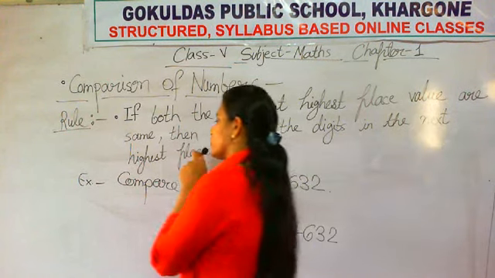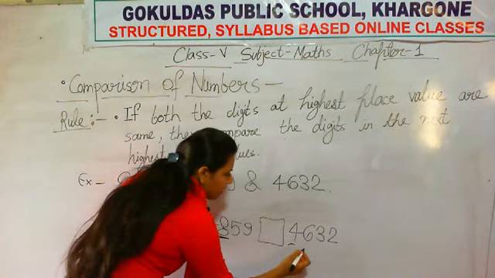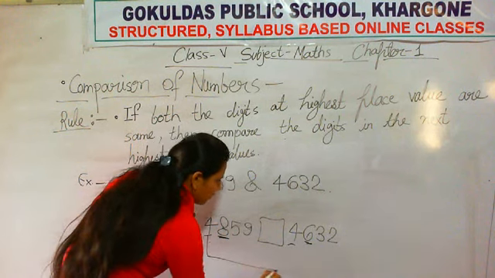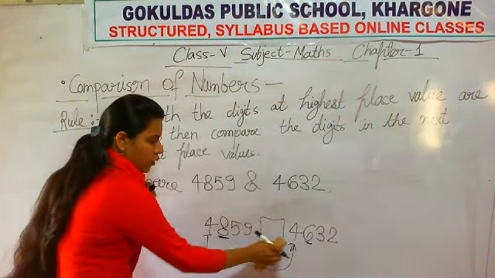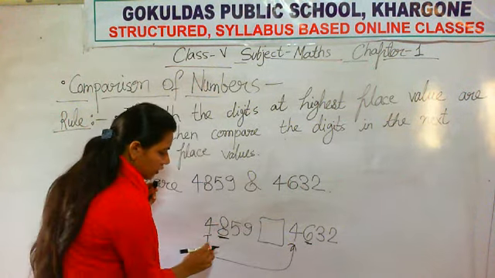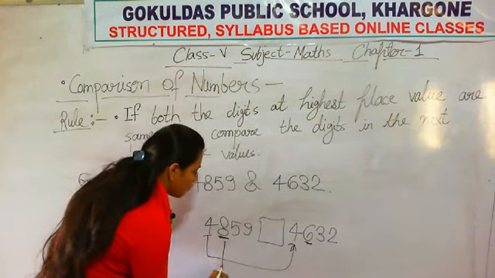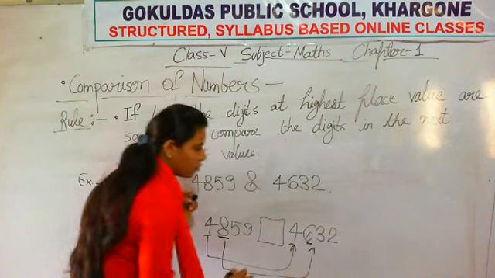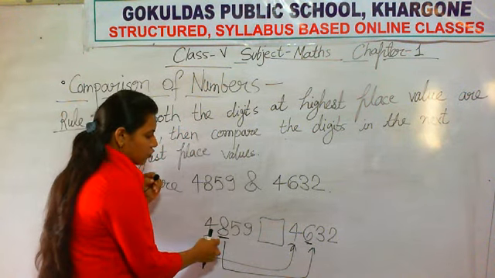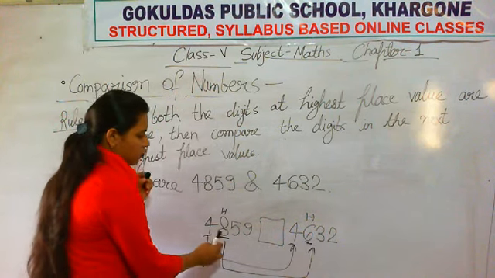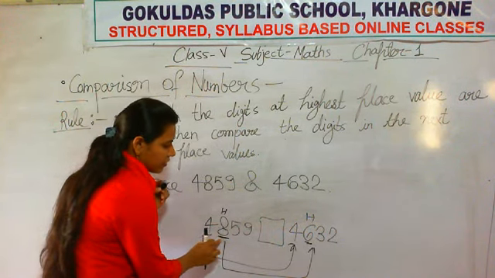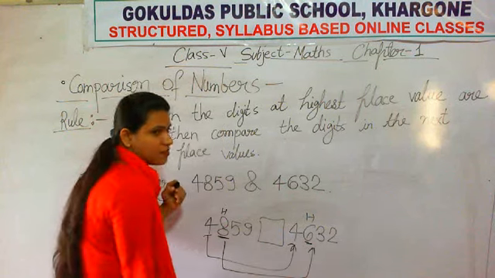You will compare the digits at the next place values. These two digits are same, so you compare the next two digits. If they are the same, then you will start comparing these two. So you will compare the hundreds place then. Here at the hundreds place 8 is there and here 6 is there.